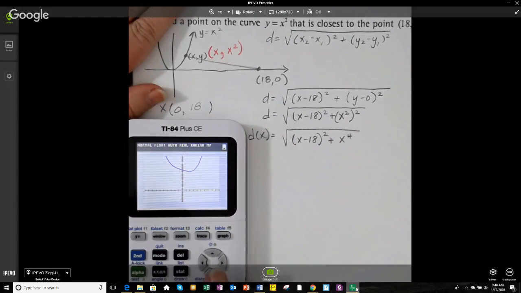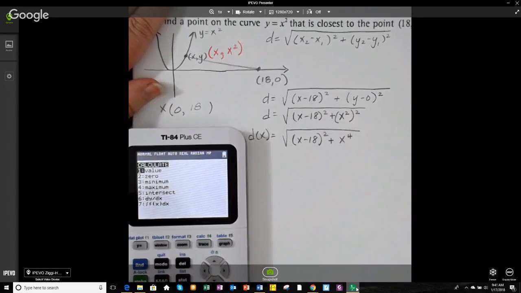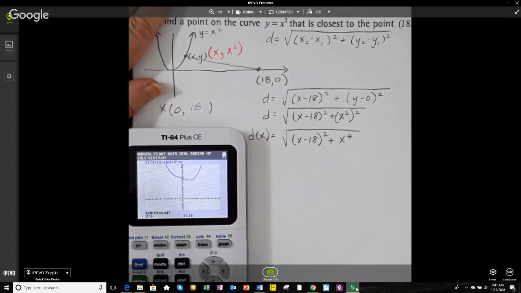All right, and I want the minimum there, so let's see. To find the minimum, we're going to go second calculate the minimum, which is number 3. Oh, 0 is good enough left bound. And let's go to the other side and press enter.